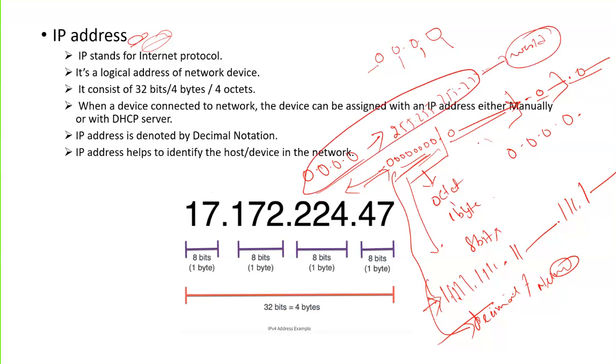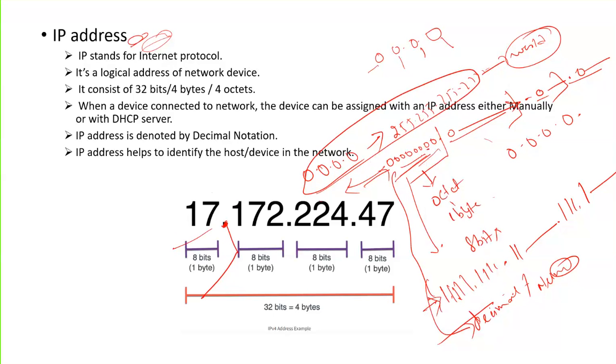Each 8 bits are separated with the dot notation, and in general these would be binary addresses, but it is very hard to remember all these things.